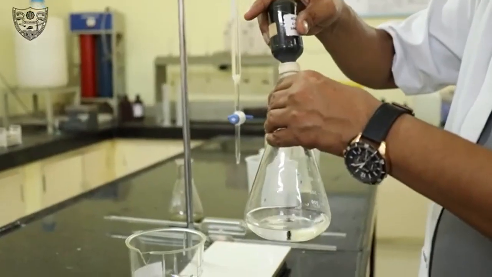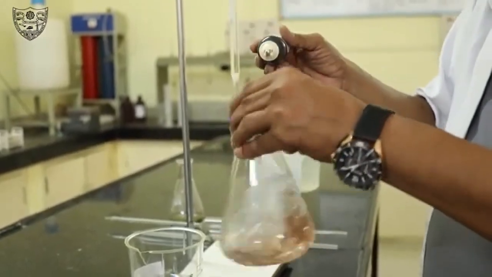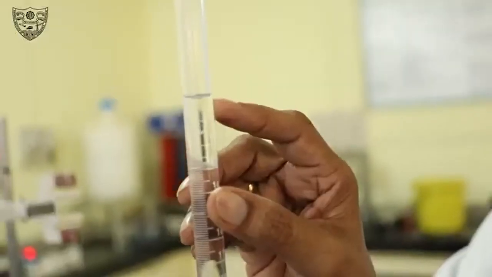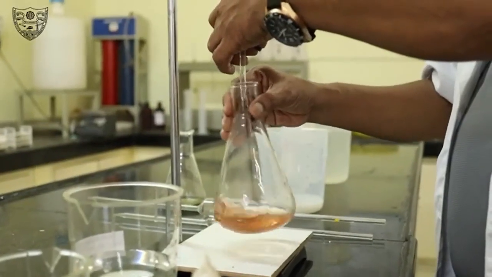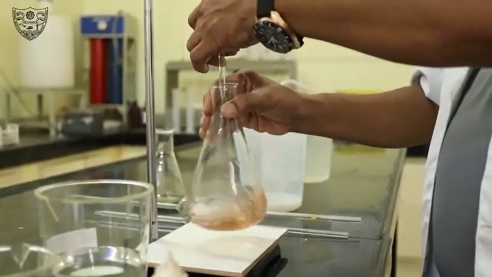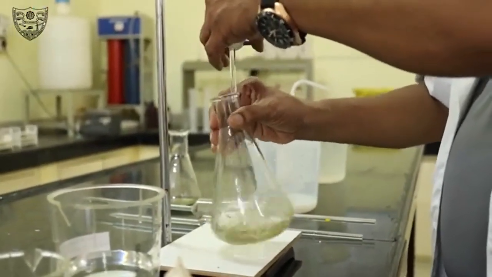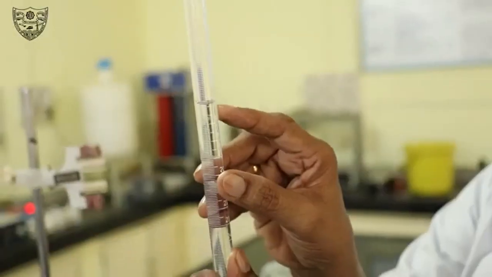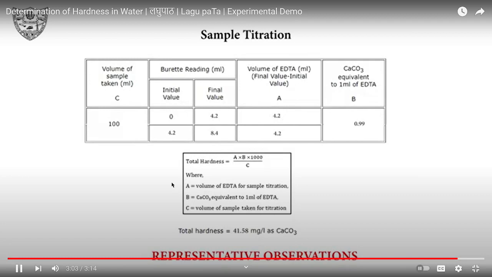Add 3 to 4 drops of Eriochrome Black T indicator. Note down the initial reading. Titrate till color changes to blue. Note down the end point. Repeat the titration till concurrent values are the same.